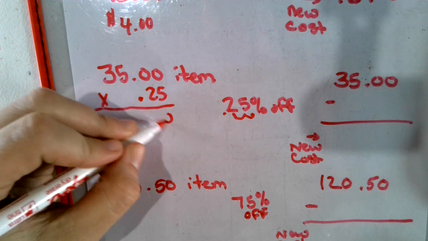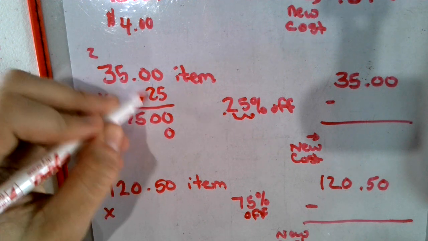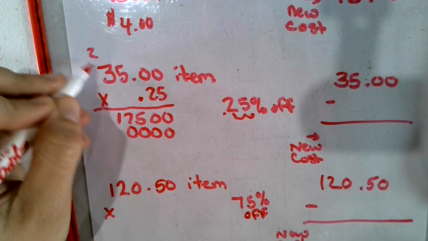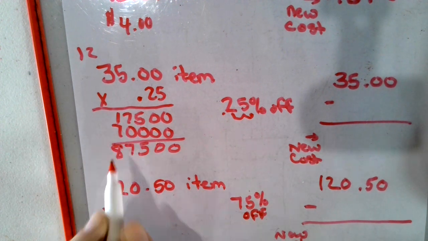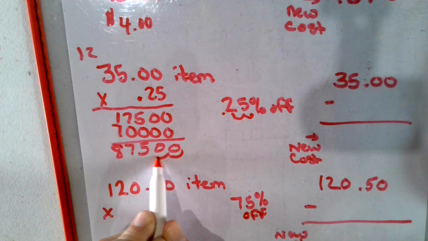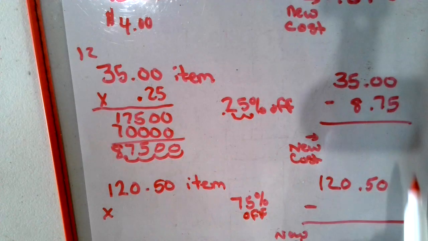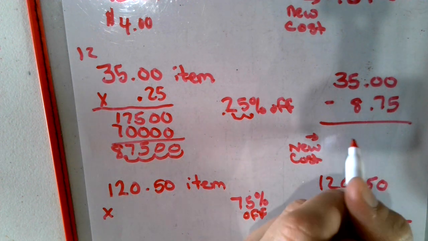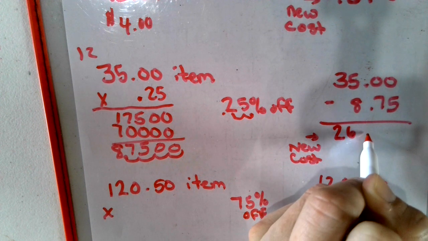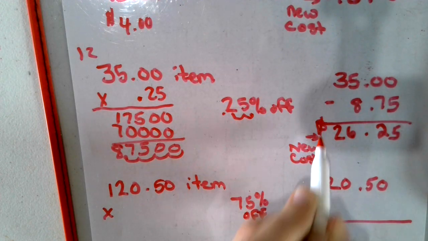Drop your 0, 1, 2 more zeros. 4 jumps: 1, 2, 3, 4. Discount $8.75. So we have $35 and we subtract $8.75. We're all at home right now, so doing this in our head probably isn't happening. $26.25 is the new cost of your item.